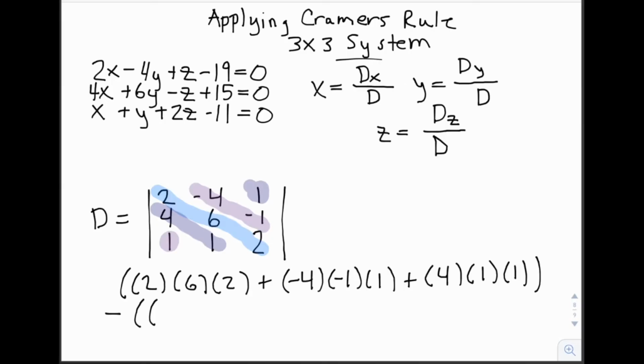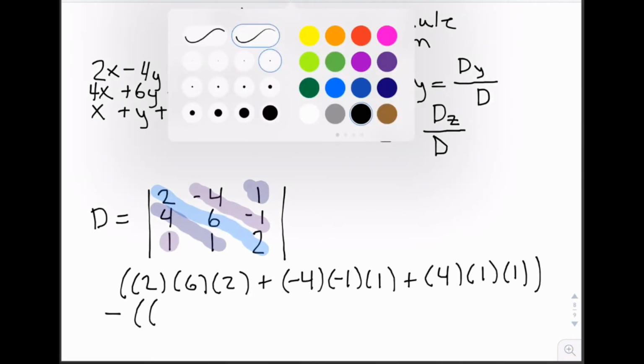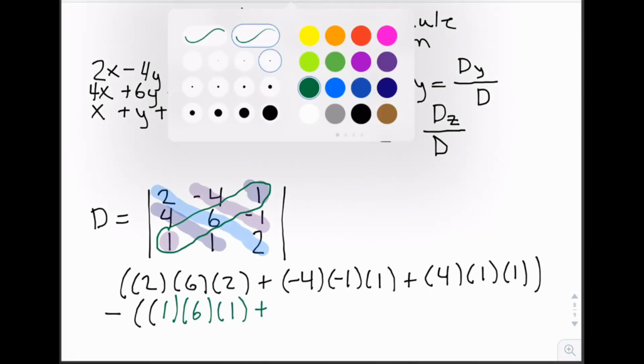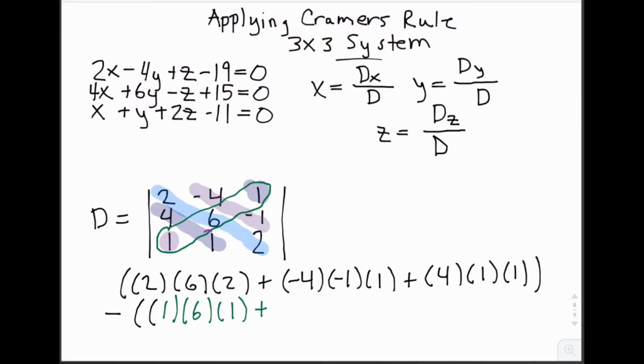So our second one, we want to take care of the upward direction. So let's figure out what those are going to be. Our first one is going to be this 1, 6, and then this 1 here. Plus, let's find another one. Another one might be this 1, -1, and then opposite corner of a 2.